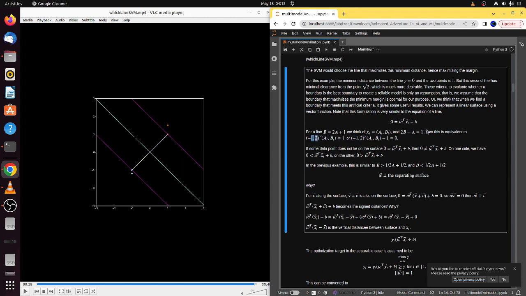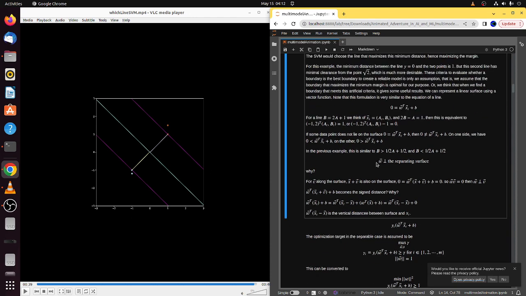So this is your vector w, and this is your feature vector xi. Here a is the horizontal value, and bi is the vertical coordinate of the ith point.